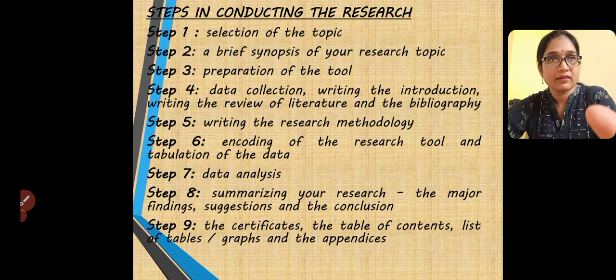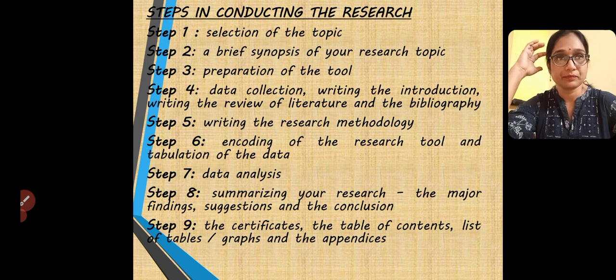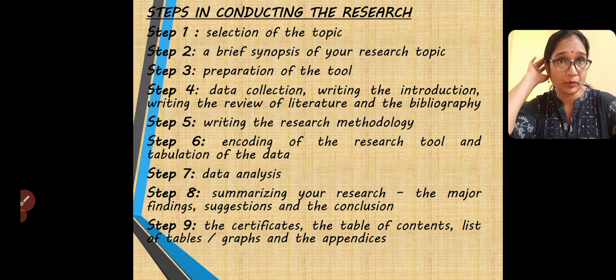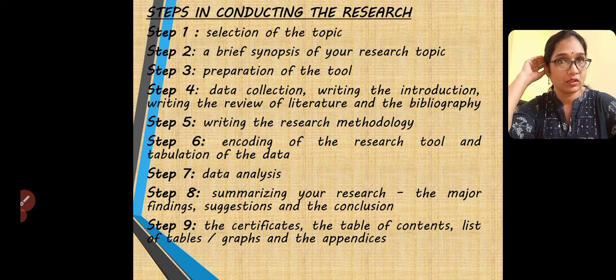So next, let us try to understand the steps in conducting the research. The first step is of course selection of the topic. Then the second step is writing a brief synopsis of your research topic. The third step is preparation of the tool. The fourth step is data collection, writing the introduction, writing the review of literature and the bibliography.